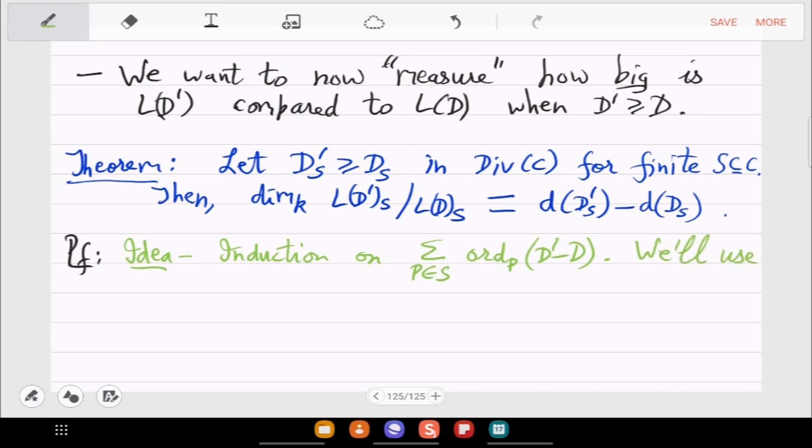We'll use the finiteness of S to invoke the approximation theorem.